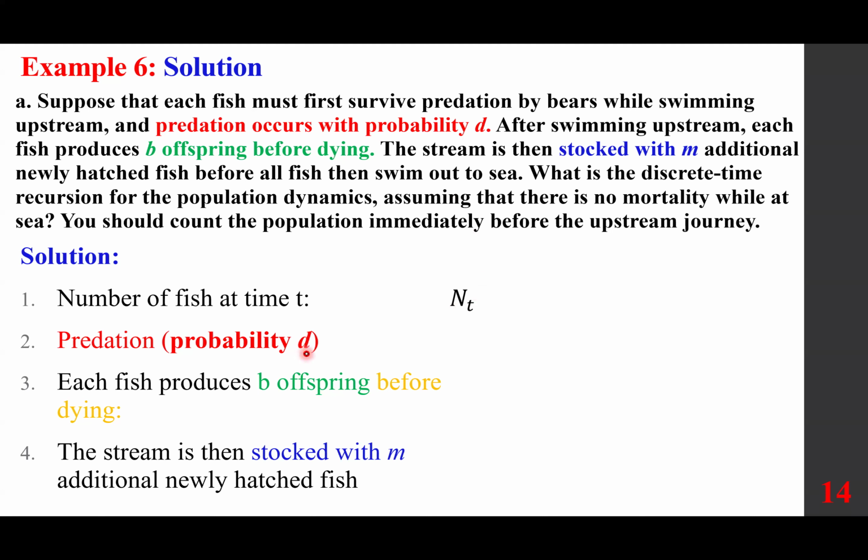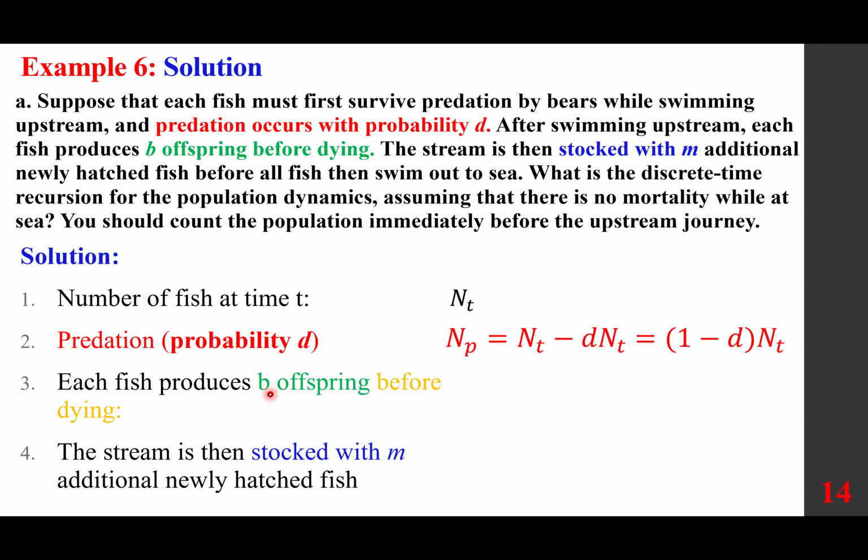So a percentage of them will be gone. The way we write that is N sub P is N sub T minus D times N sub T. So it's easier to follow here: 1 minus D times N sub T, meaning D is the portion, fraction, percentage that is gone. So what is left is 1 minus D times how many we have.